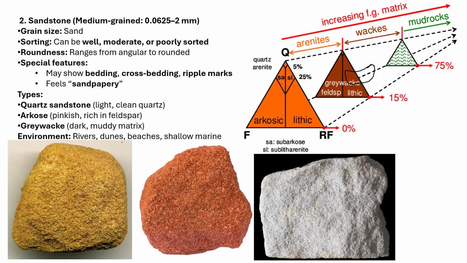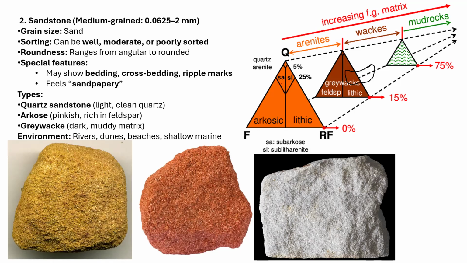Sandstones, like I said, can be well sorted, moderately sorted, or poorly sorted. But in terms of grain sizes, they all contain sand-sized particles. Another thing that can help you identify these rocks is sedimentary structures such as ripple marks and cross beddings.